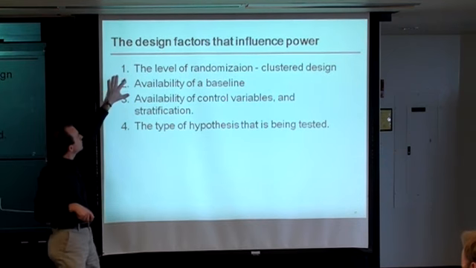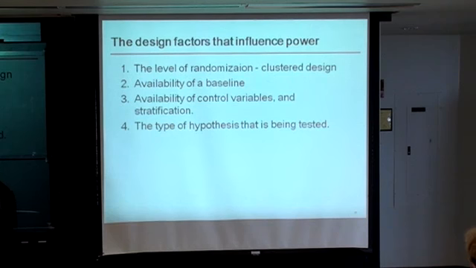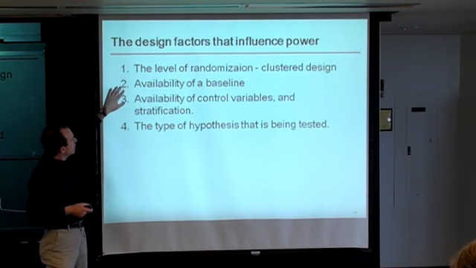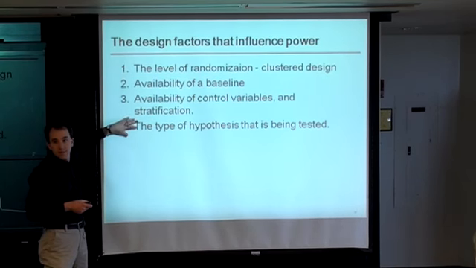One thing is whether we randomize at the individual level or in clusters, whether we have a baseline, whether we use control variables or stratification, and the type of hypothesis being tested.